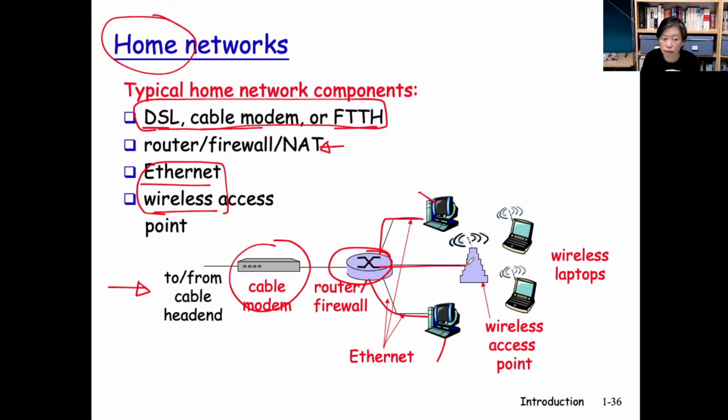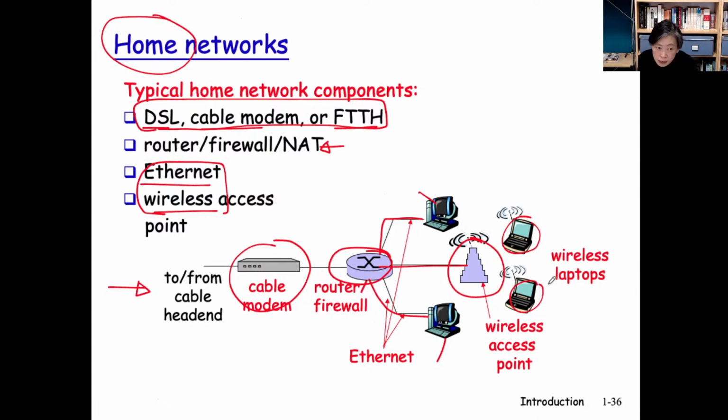And the switch here can also connect to a Wi-Fi AP, so that these laptops are accessing the internet through Wi-Fi. So in just this example, you have devices accessing the internet through different access network technologies.